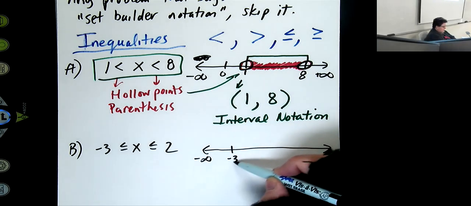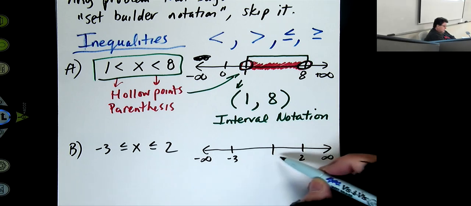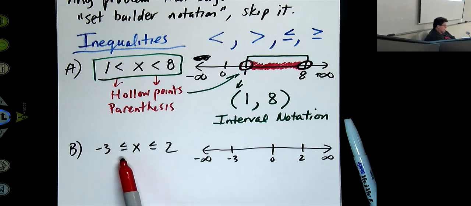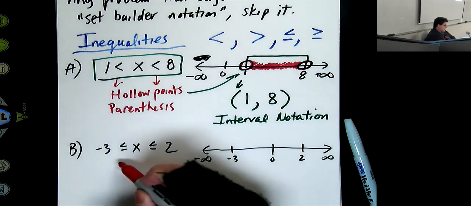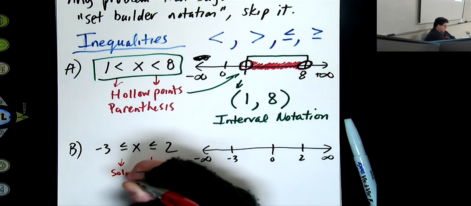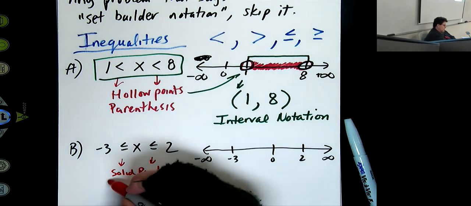Got -3 here, I got 2 on the right, I got 0 in the middle. If you have an equal portion to it, like less than or equal to, or greater than or equal to, these are going to be solid points. And intervals will use square brackets.